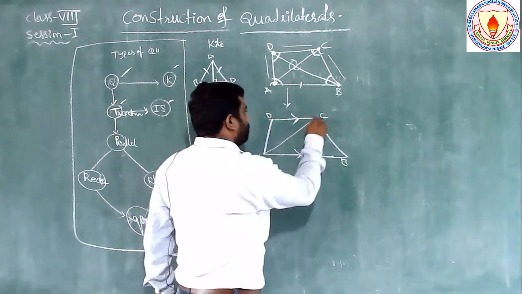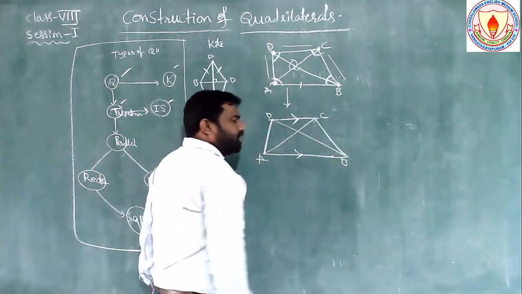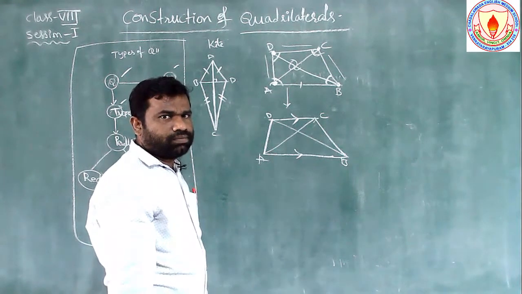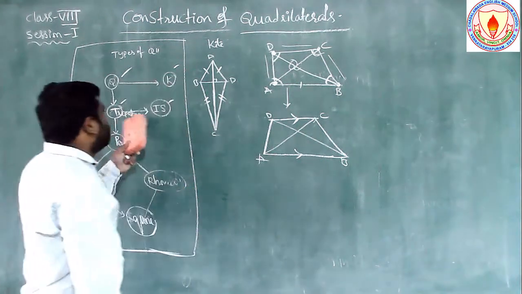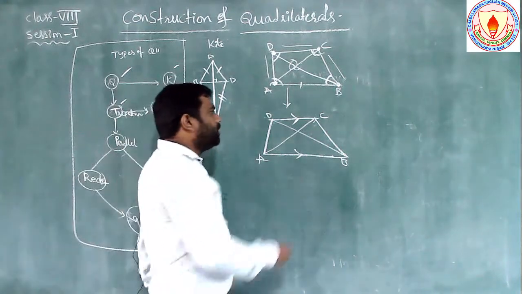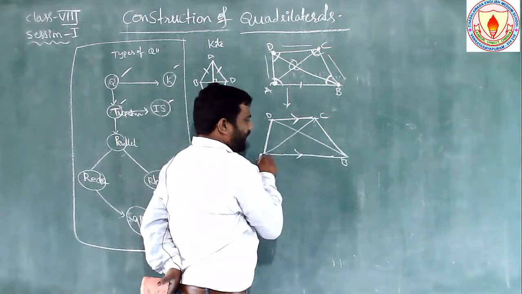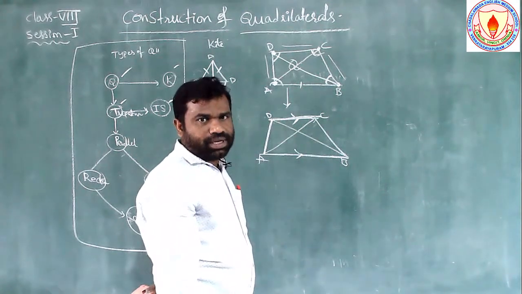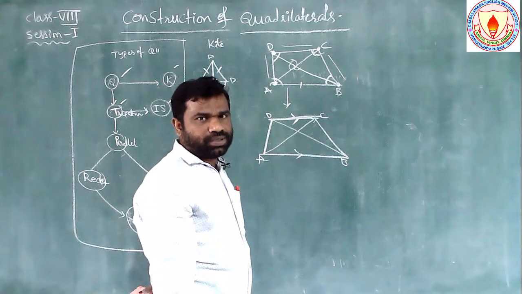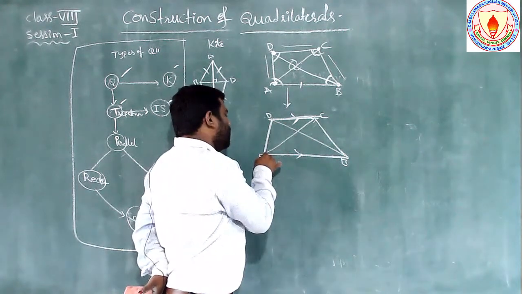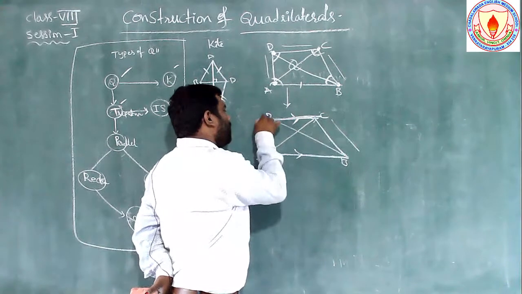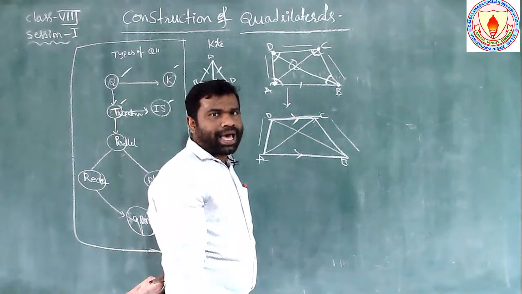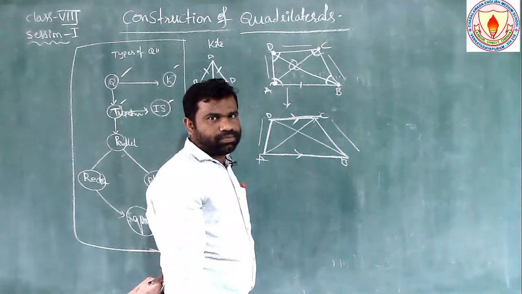AC and DB are the diagonals of this trapezium. Here AB and DC are the bases of the trapezium, and DA and CB are the legs, or non-parallel sides.